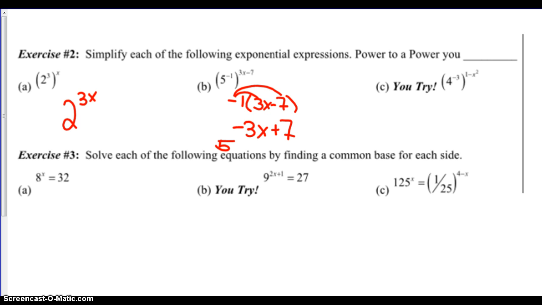So now we're going to use this really cool trick to help us solve these. So thinking about 8 and 32, I always want to go down to the prime factorization. If that's something that is stressful, that you're not quite sure, you want to go right to your calculator. Go to the menu.